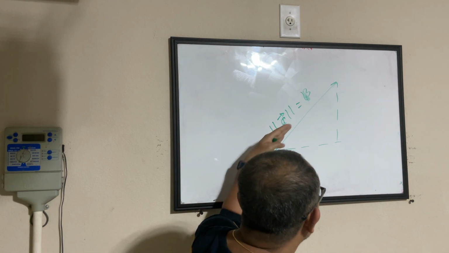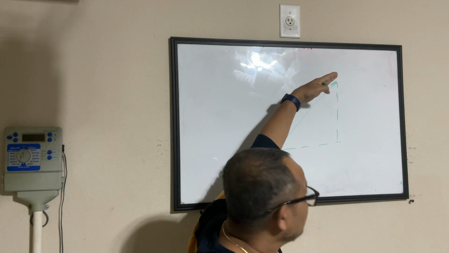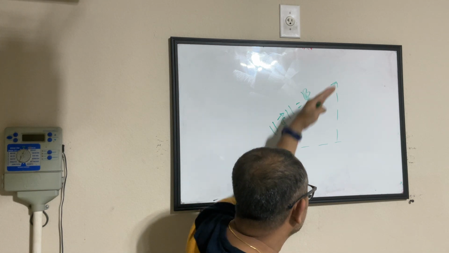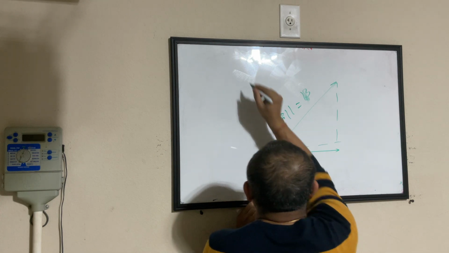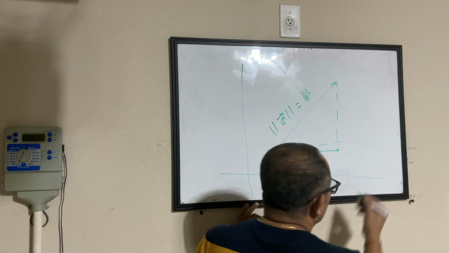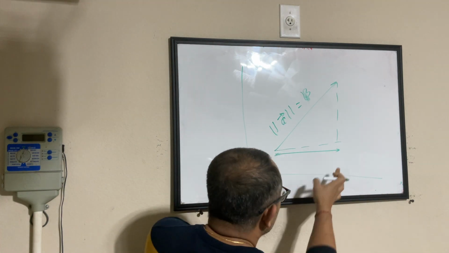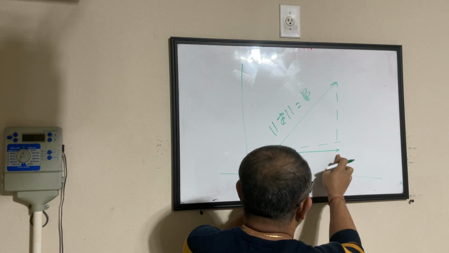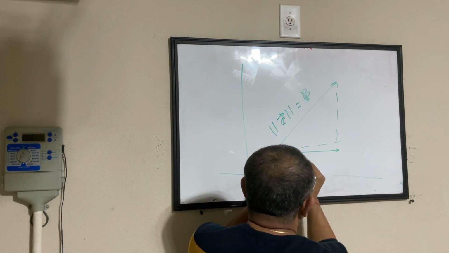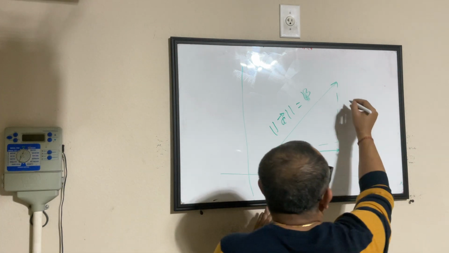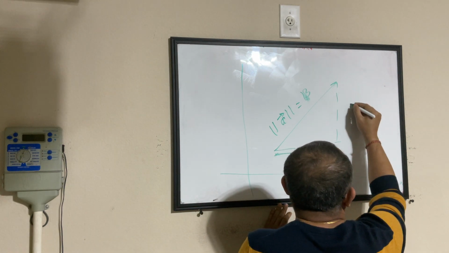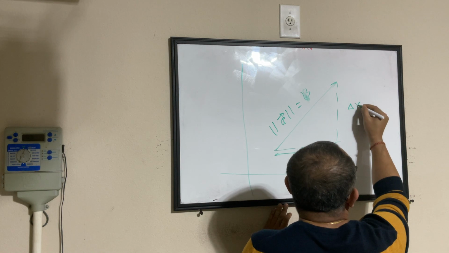If I visualize this vector, this is my magnitude from here to here. If you think of this on a coordinate plane, this is the displacement along the x-axis, delta x, and this is my displacement along the y-axis, which I will call delta y.